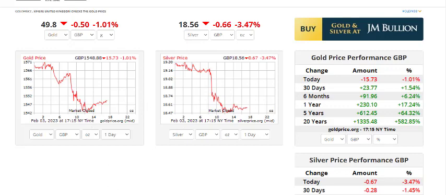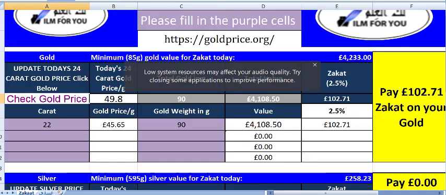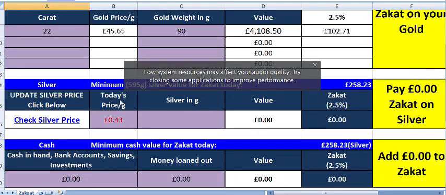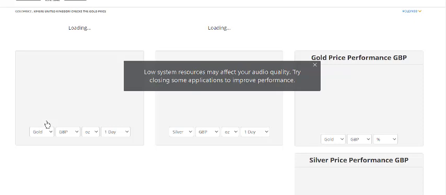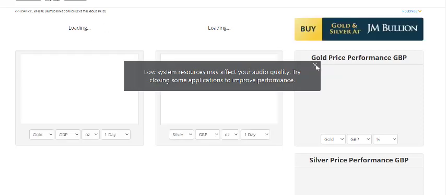Let us see the silver. The silver in here, same website. But in here, you should notice the price and what they use for the price.